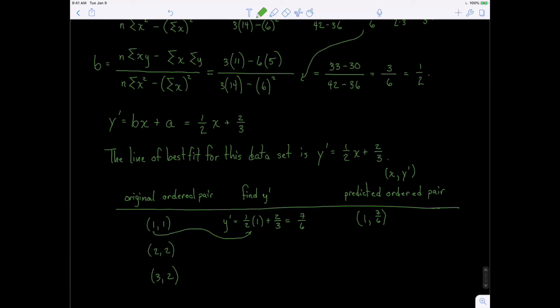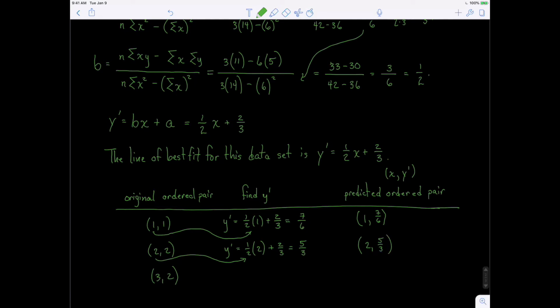Let's try this again. So now for y prime, for the next ordered pair, 1/2 times 2. And remember, I know that there's two 2's here, but it's the 2 in the x position, plus 2/3. And that gives us 5/3. So that gives me a predicted ordered pair of 2 comma 5/3.